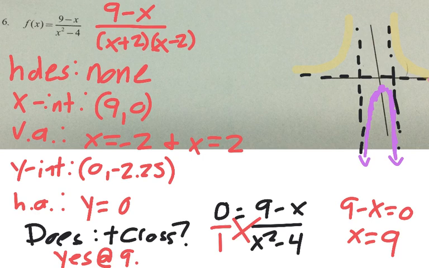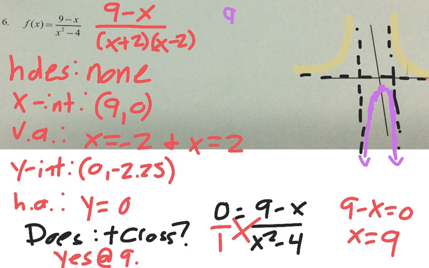Again, this togetherness business is new to me. So the way that I would have done this before is I would have plugged in values to figure out where it should happen. So like over here on the left piece, I can pick any x value that's less than -2 and see what the y value should be. If the y value is positive, it's happening up here. If the y value is negative, it's happening down here. And I can draw the graph from there. So let's plug in -3.